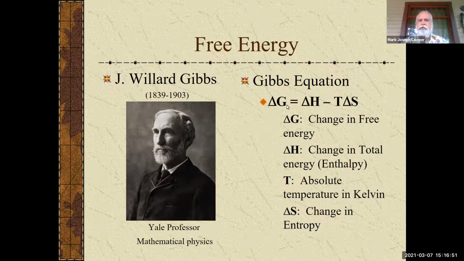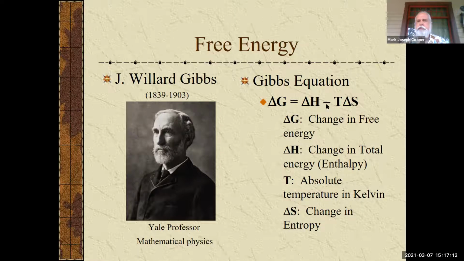So let's talk about delta G. That's a change in free energy. That's the amount of energy that's available actually to do work. And then we have delta H, which is the change in total energy, which is called enthalpy. Enthalpy is the total energy of a system that, in theory, could do work. And so delta G is what is available.